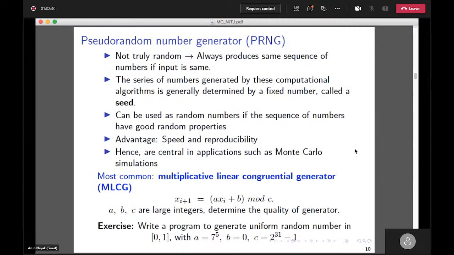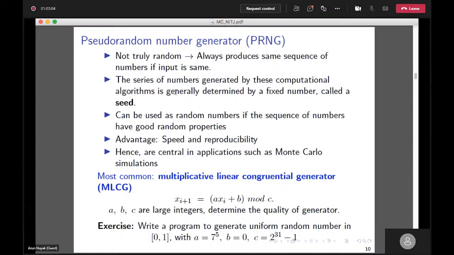As I said, pseudo-random numbers are not truly random. They always produce the same sequence of numbers if the input is the same. Input means you start with some number which we call the seed, and if the seed is the same, then the sequence of numbers would be the same every time you generate them.